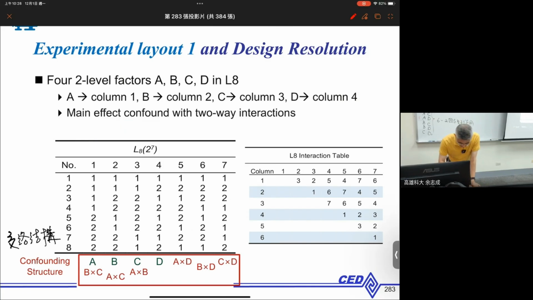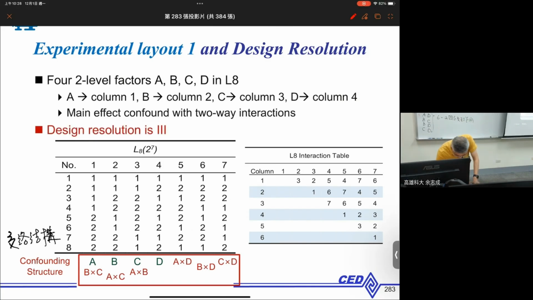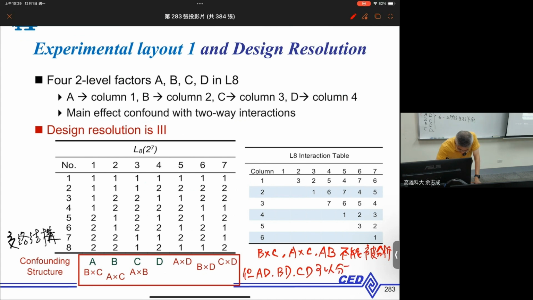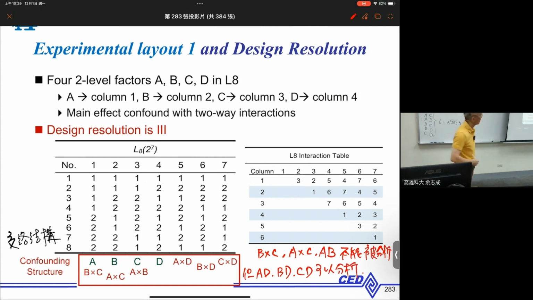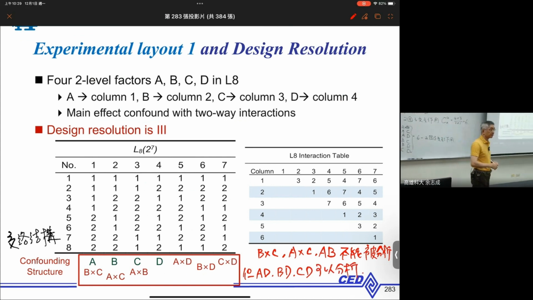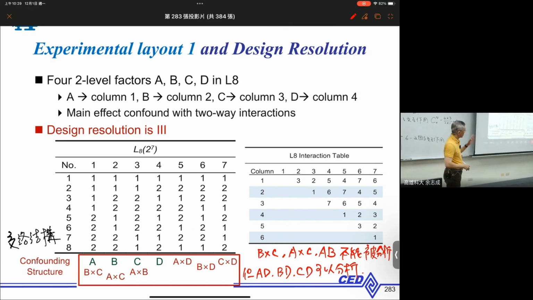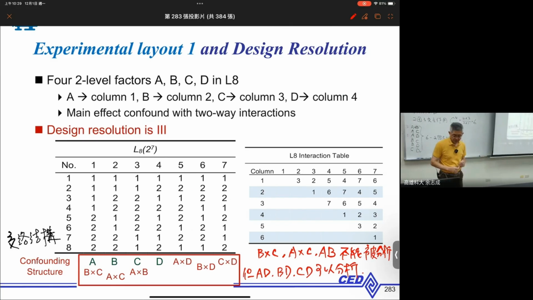So we can have a conclusion that BC, AC, AB cannot be analyzed because they are confounded. But these three interactions can be analyzed using the interaction plot. Okay, this is very important.